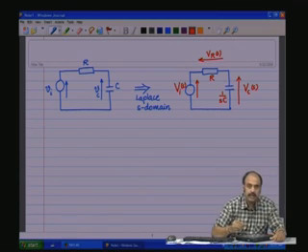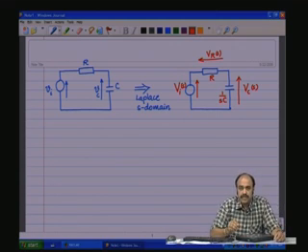This we saw in the last class, that we just need to replace j omega in the reactance with S. So, 1 by j omega C becomes 1 by sC, the capacitive reactance in the Laplace domain, and j omega L becomes sL in the Laplace domain.